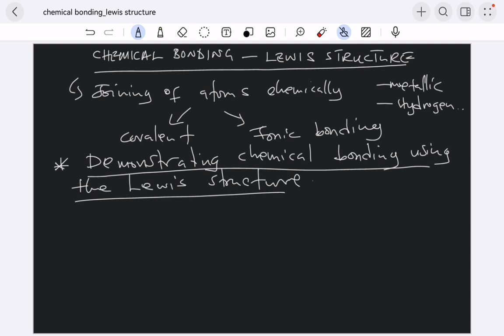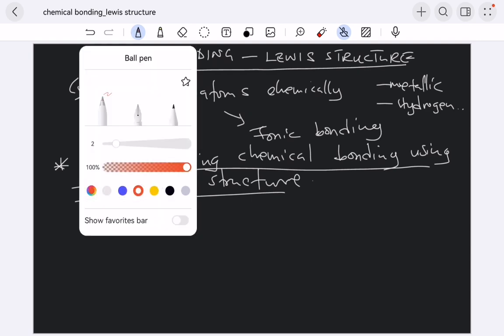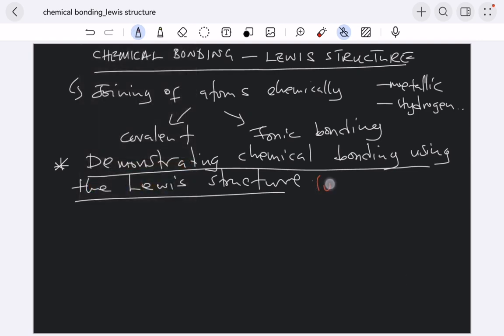So for us to demonstrate this type of bonding, obviously we have to pay attention to the valence electrons. Valence electrons are just electrons in the outermost shell, or these are electrons that take part in a chemical reaction.